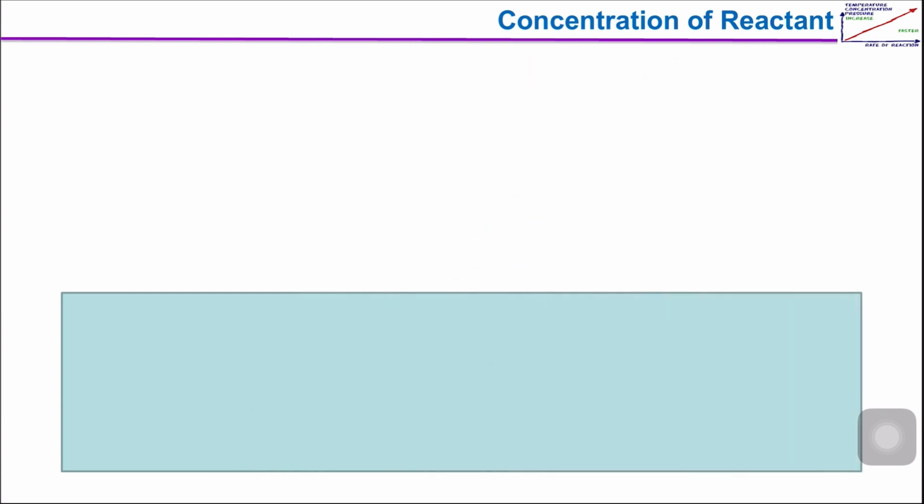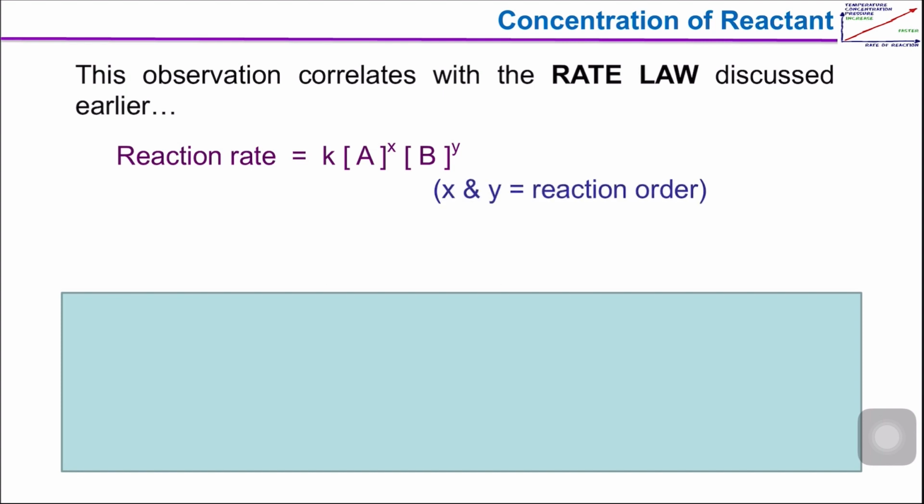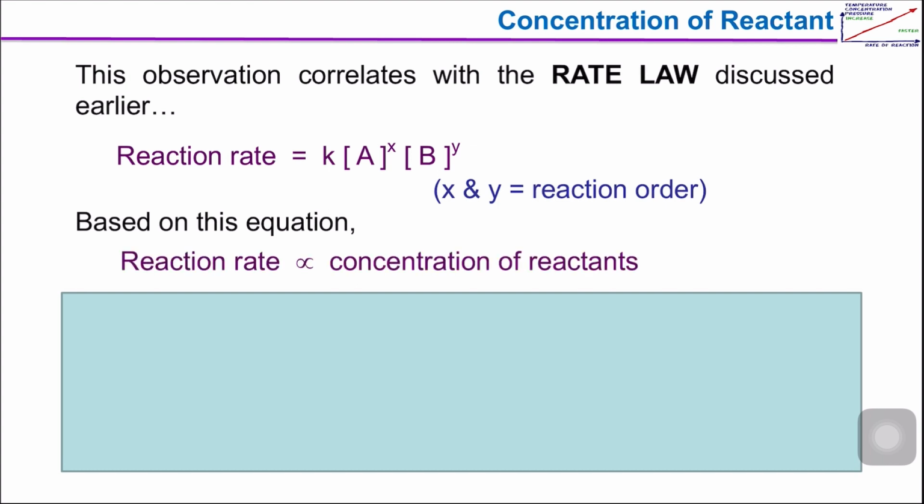So kalau lihat perbandingan antara rate law, what we've discussed already, reaction rate di mana we have the rate law just like this expression, and x and y adalah reaction order. So berdasarkan equation ini, kita boleh lihat reaction rate is directly proportional to the concentration of the reactant.